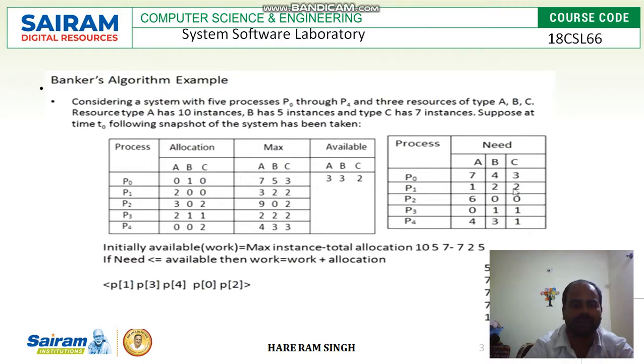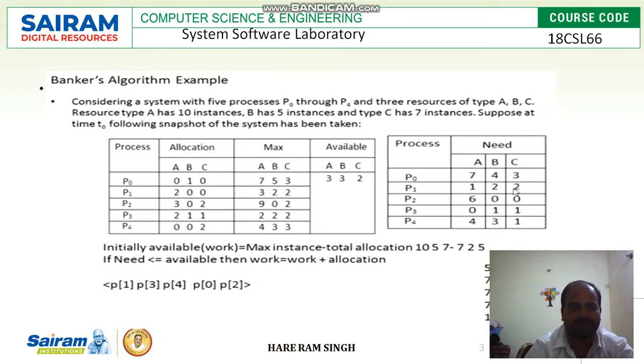Banker's algorithm is the algorithm to avoid deadlock among the processes. Suppose A, B, C, three processes are there, and three resources A, B, C with some instances. We should allocate the resources in such a way that all the processes can fulfill their requirement.